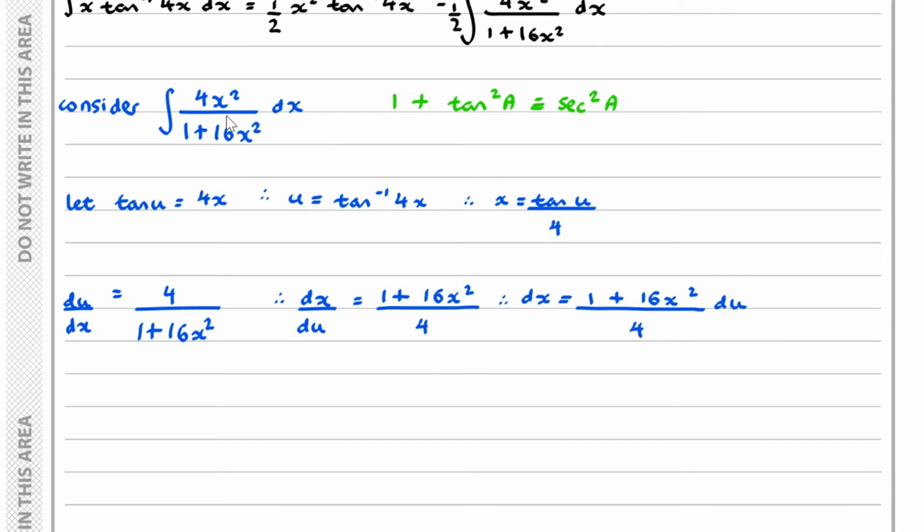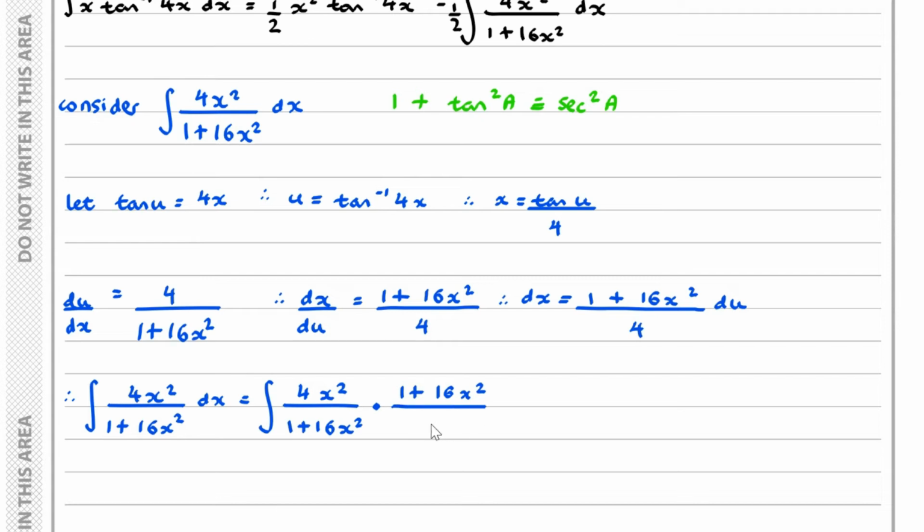So if we replace the variables as necessary, we can therefore conclude that the integral of 4x squared over 1 plus 16x squared dx is equal to the integral of 4x squared over 1 plus 16x squared multiplied by 1 plus 16x squared over 4 du.